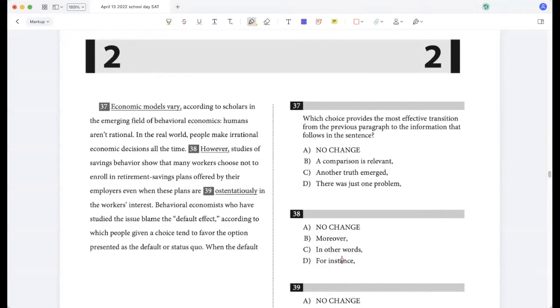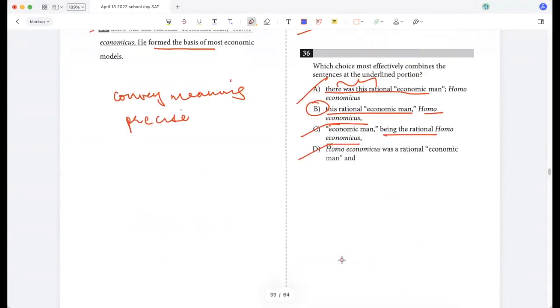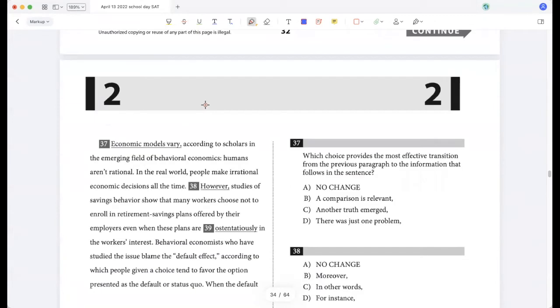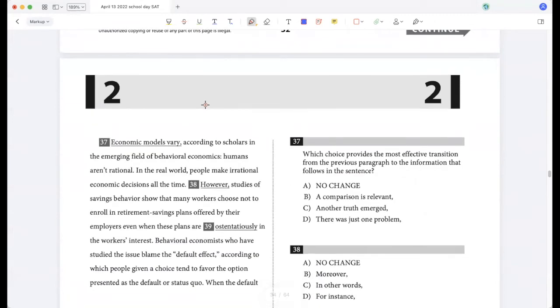Okay, so we are defining from the 19th century, Homo economicus, the rational economic man, formed the basis of most economic models. There was just one problem. Humans aren't rational, right? Because if you're talking about rational economic man, the fact that humans aren't rational is an issue if you're talking about economic models.